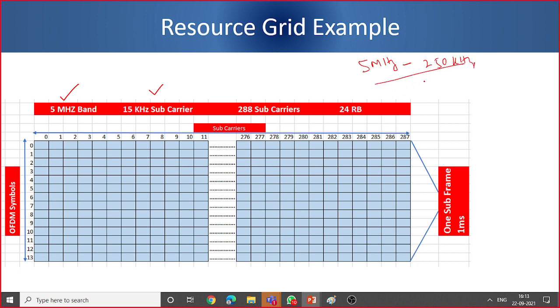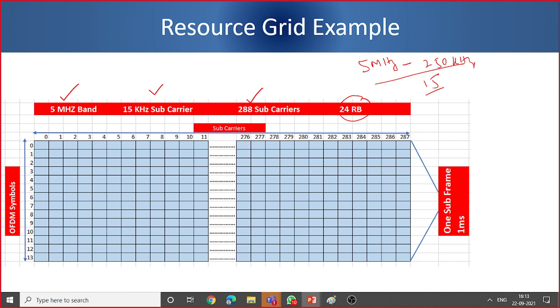If you divide by 15, you get about 288 subcarriers. If you divide this 288 by 12, you get 24 RB. Why have I taken 24 RB? As per specification, the minimum number of RB required for 5G new radio is 24. That means 5 megahertz is the minimum bandwidth which can be used.